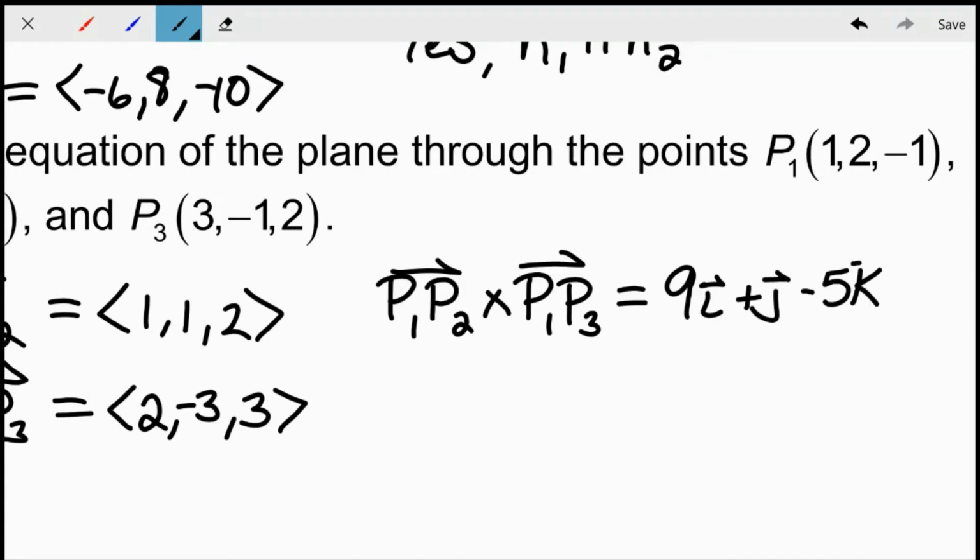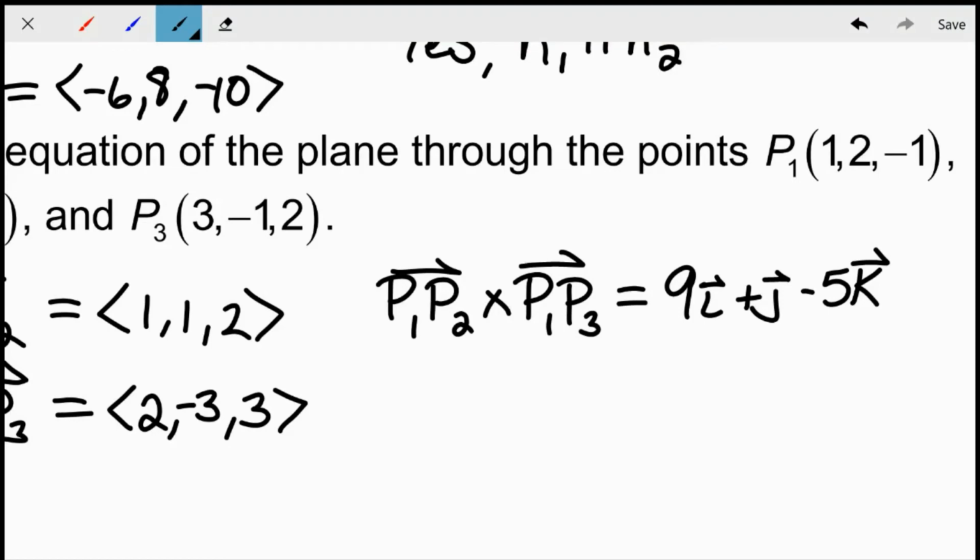I wrote that normal vector in a different form just to kind of change it up a little bit. It doesn't really matter which form you use. Okay, so now we have our normal vector, and we can use any of these points in the plane that we want. They're all going to give us the same plane. So what I would do then is just go through and write the equation of my plane.